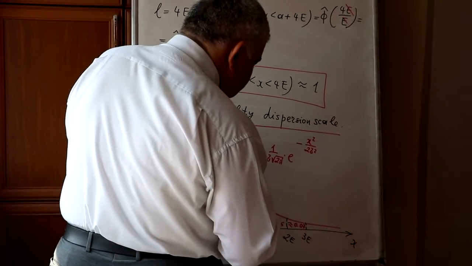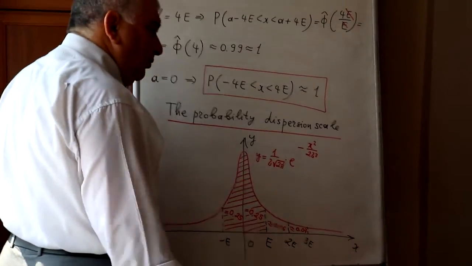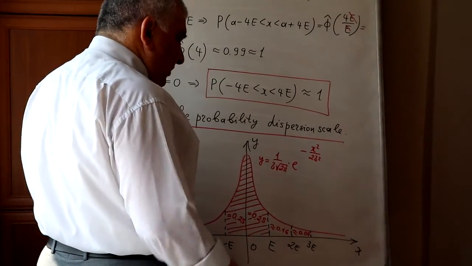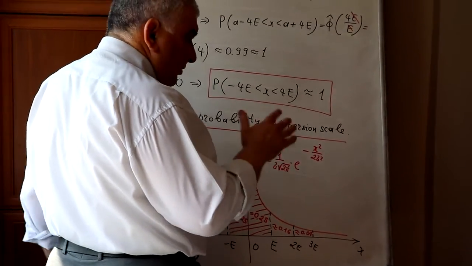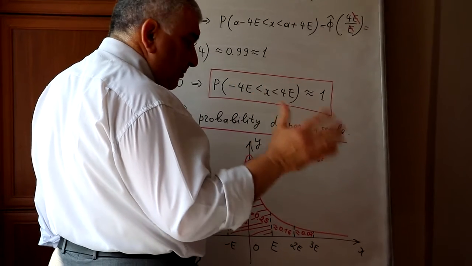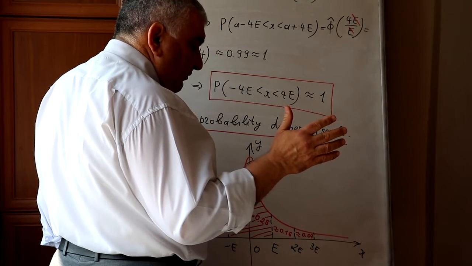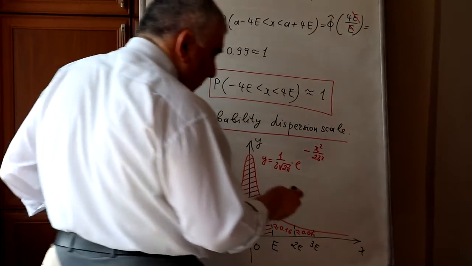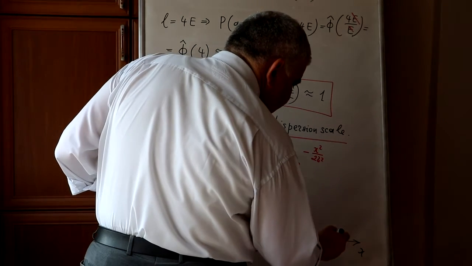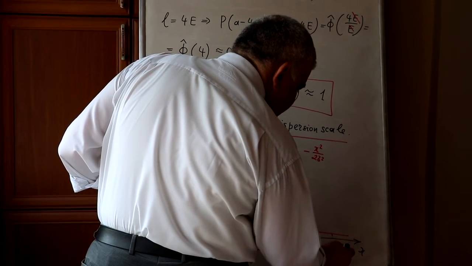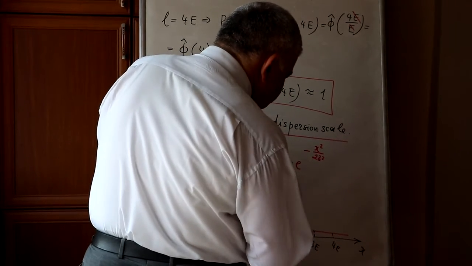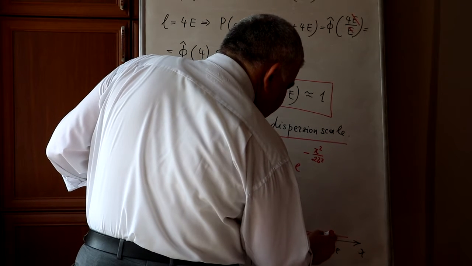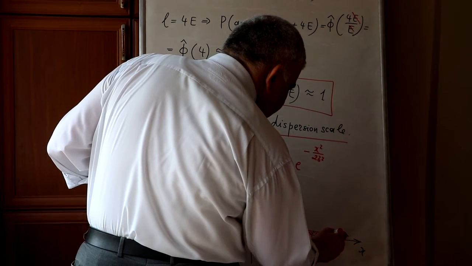And finally, according to this table, the probability that a continuous random variable with the normal distributive density will be situated in the interval 3E to 4E is approximately equal to 0.02.